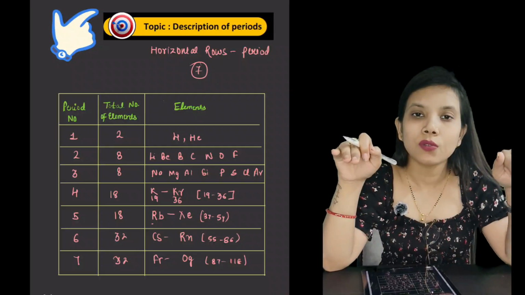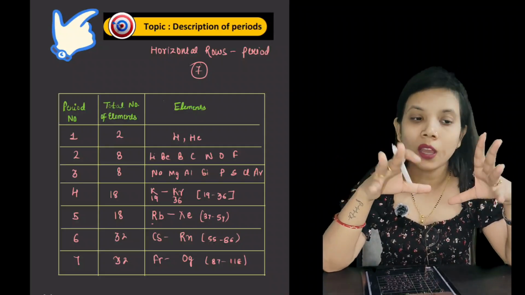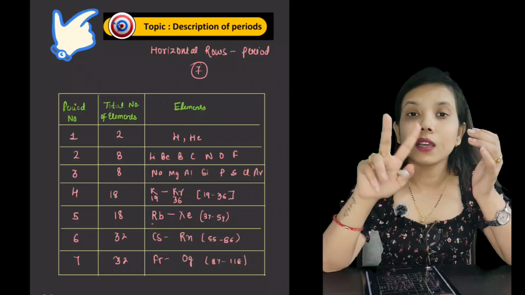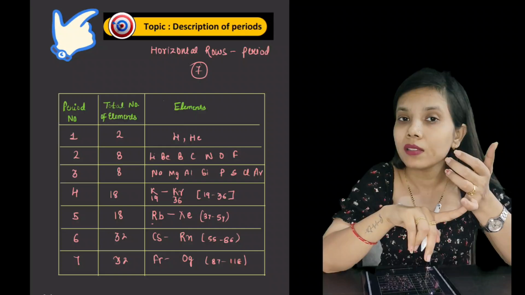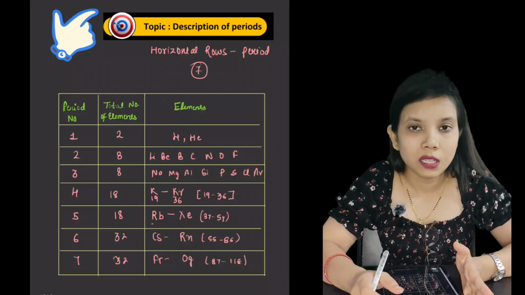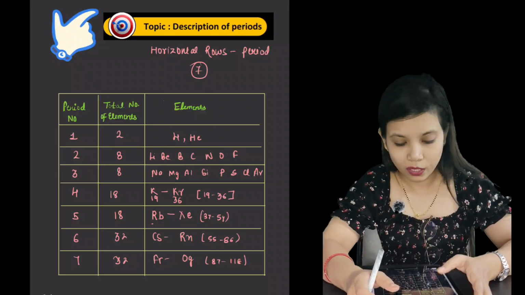Basically these horizontal rows are known as periods and there are 7 periods in the periodic table, out of which the first period has how many elements, students? These are 2 elements. The second period has 8, the third period has 8, the fourth period has 18, the fifth has 18, the sixth has 32 and the seventh has 32. It is very easy to learn. Okay.